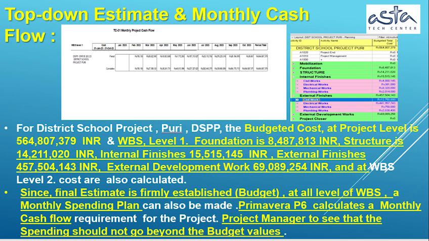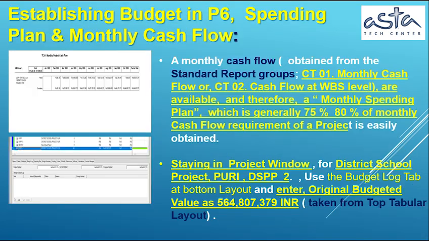Since the final estimate is firmly established, with budget at all levels of WBS, a monthly spending plan can also be made. Primavera P6 calculates a monthly cash flow requirement for the project. The project manager has to see that the spending does not go beyond the budget values. Establishing budget in P6, spending plan and monthly cash flow.